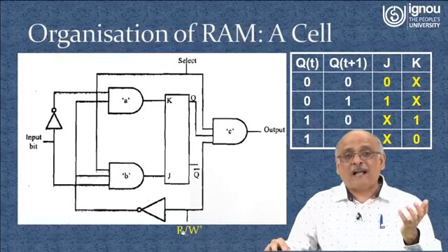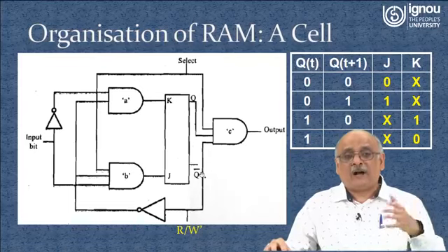Now what you see here is R and W dash. That means if this input is 1, the process out of this particular memory cell will be a reading process. And if the input is 0, then you will be writing into this particular JK flip-flop. Now how do we do that?